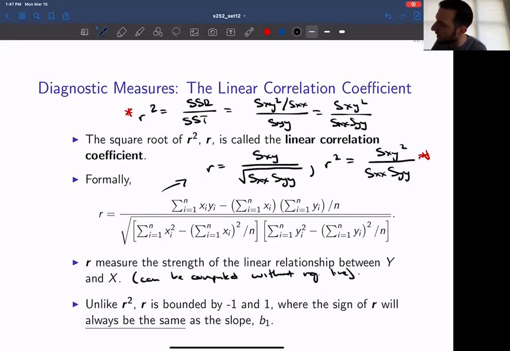But if the linear strength between X and Y is strong, so if R is really close to 1 or -1, then it would make sense that fitting a straight line is reasonable because one of the assumptions of the model is that the relationship is linear. Do you see what I mean? Does that make sense? Any questions?